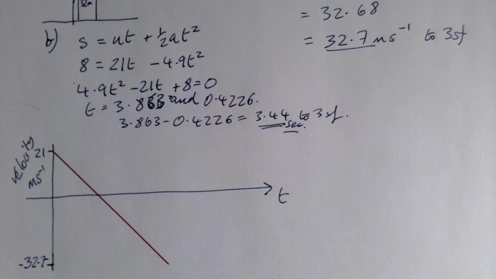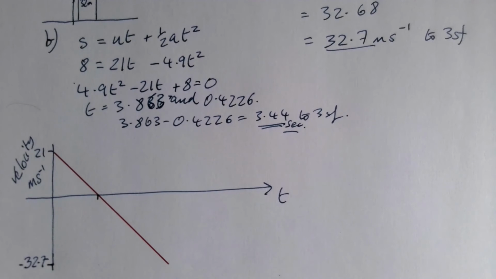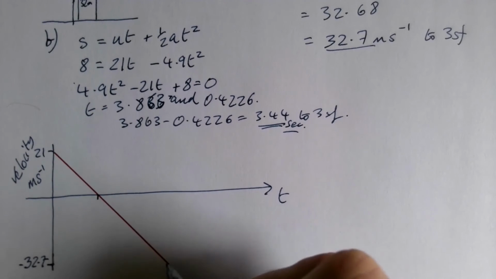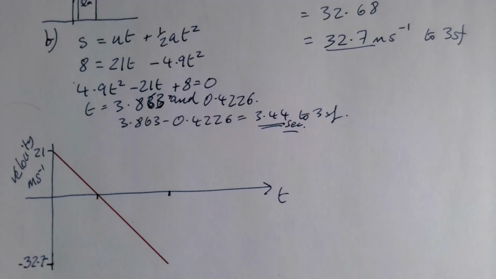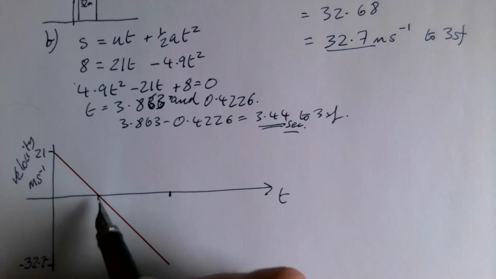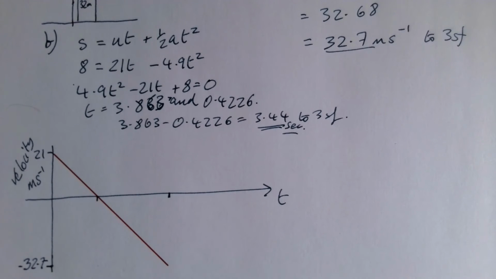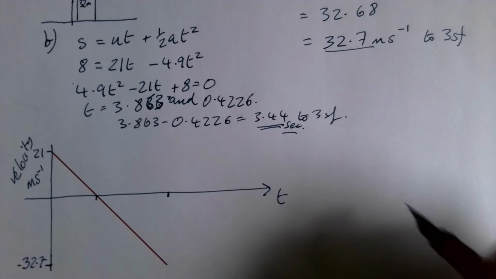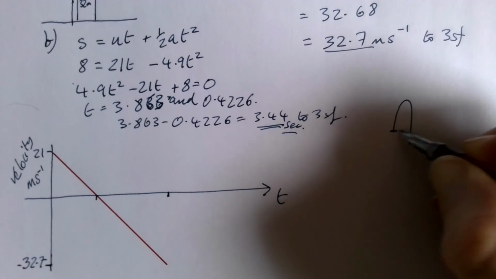And we're going to need to know two things. We're going to need to know the time at which the velocity is 0. Now, my favourite way of working out when the velocity is 0 has to be halfway between the two times at which the distance is 0. So we've got the pebble going up, then it's going to go down again.